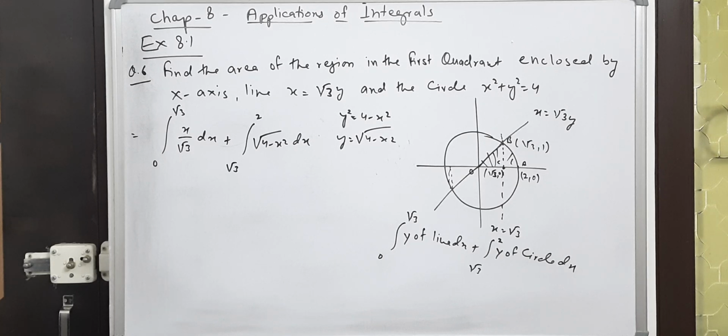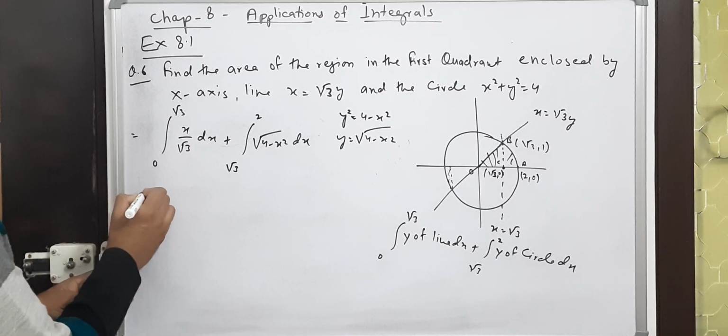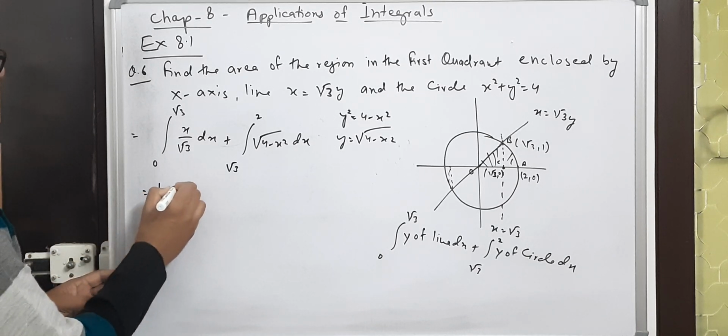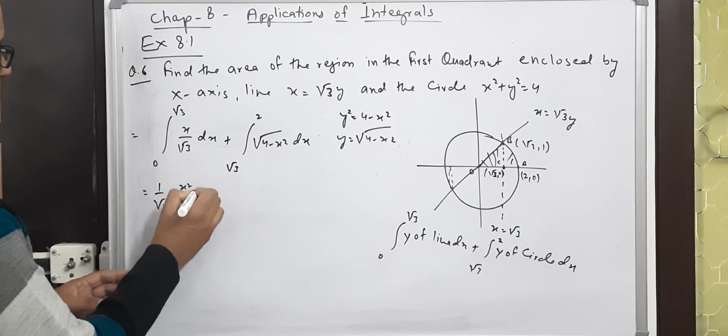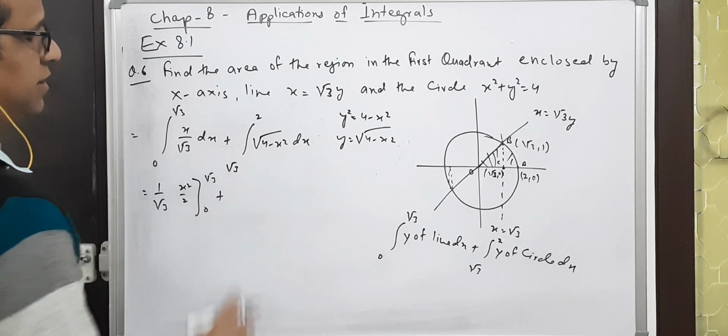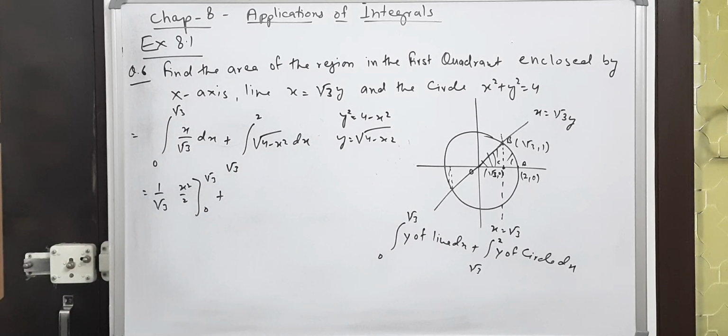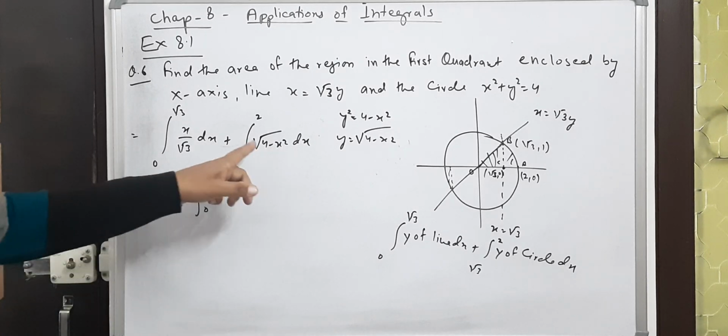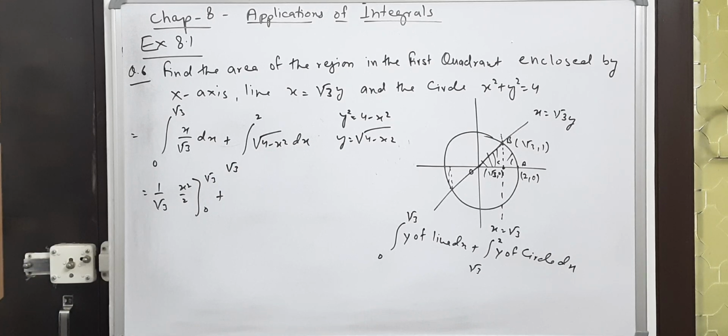Please see this part. Now when I integrate, it is 1 by root 3, x square by 2, from 0 to root 3. See this part, the formula we already did for a square minus x square.